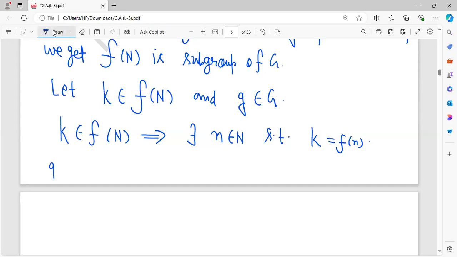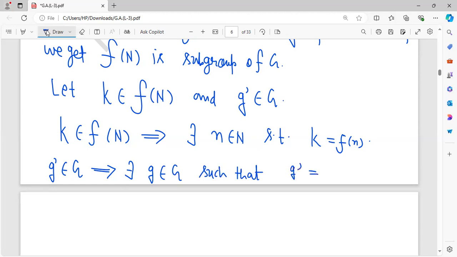Now g' belongs to G. This implies there exists g belongs to G such that g' is equal to f(g).